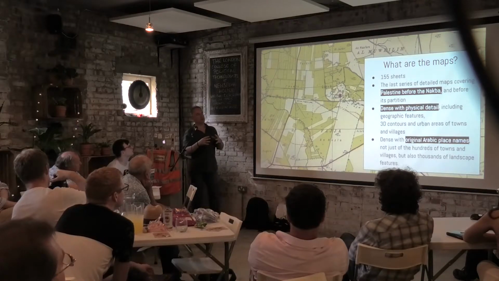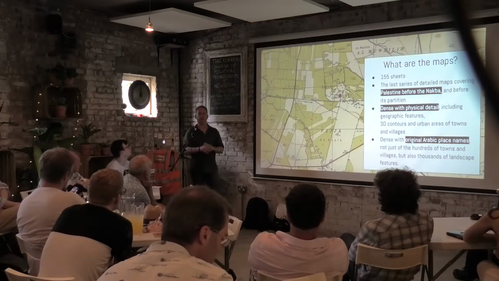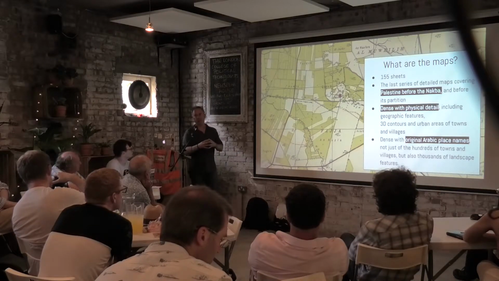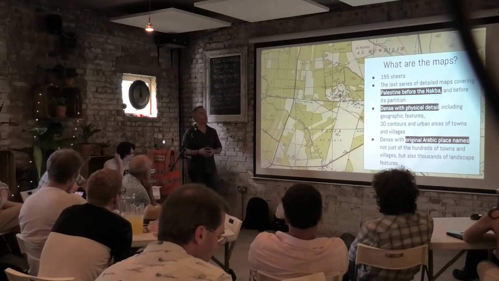These sheets have been scanned. Some of them are in the British Library and others are scattered in other places. But the Israeli National Archive actually collected scans of all of these and put them online under the public domain.